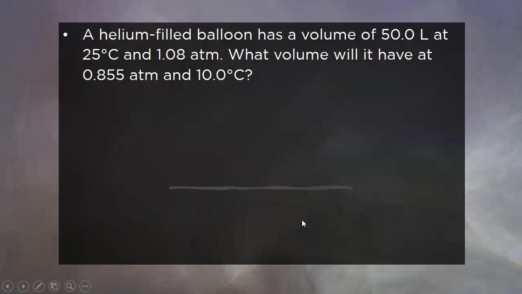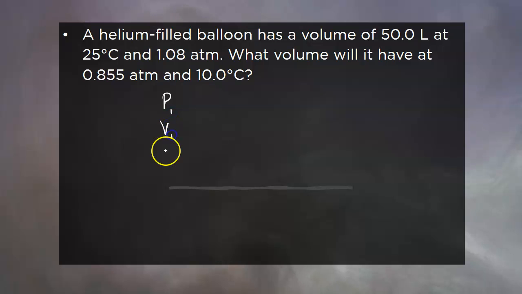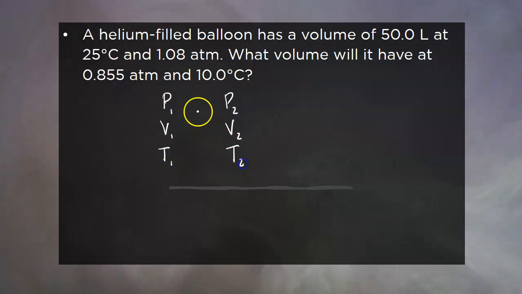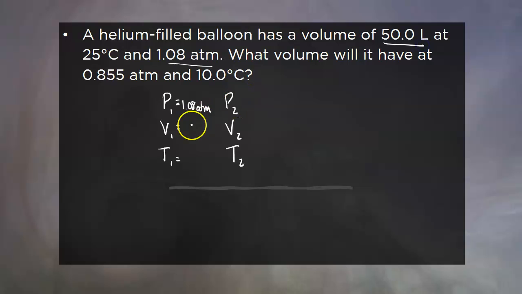So let's do one more problem with that. We've got a helium balloon. I'm going to write them all out: P1 V1 T1 P2 V2 T2. So pressure 1 is 1.08 atmospheres. Volume 1 is 50 liters.